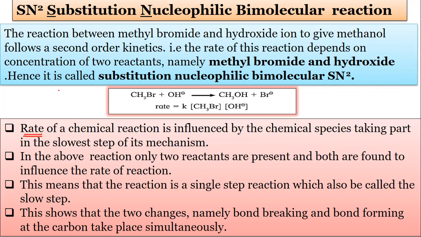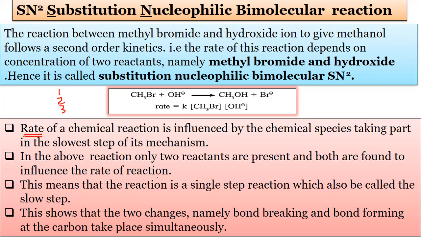If the reaction takes place in a first step, second step, third step, or more than two steps, the rate depends upon the slowest step of the reaction. In the mechanism you have to see which is the slow step, and on the slow step the rate of the reaction depends.